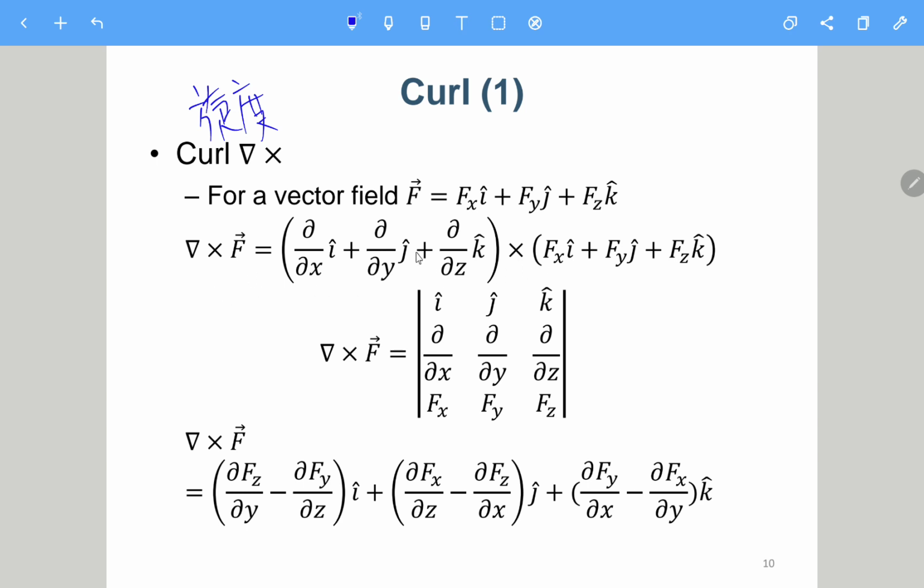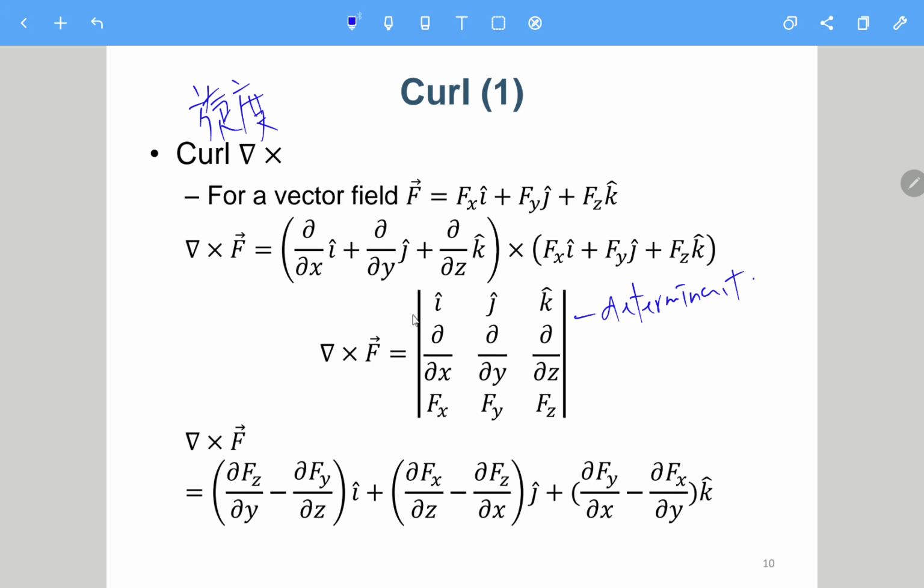So actually, from a mathematical point of view, we have the gradient, and then cross with this F. So we have something like this. And then for the cross product, we can use this determinant.